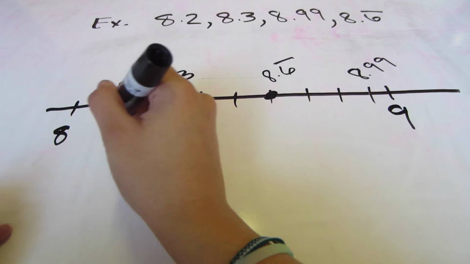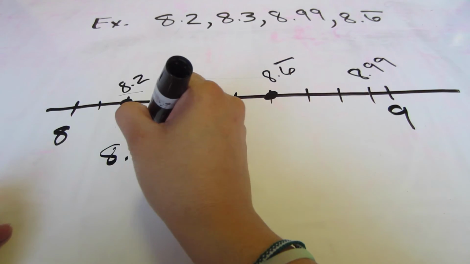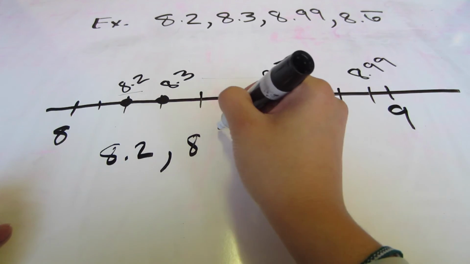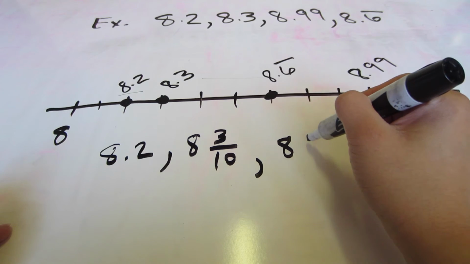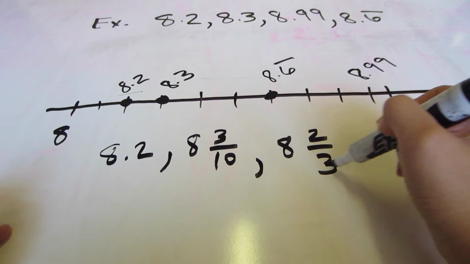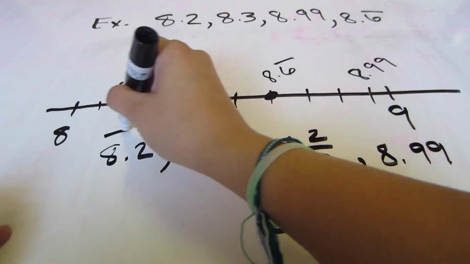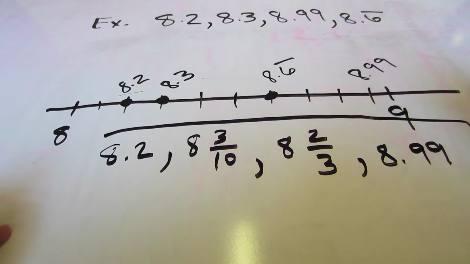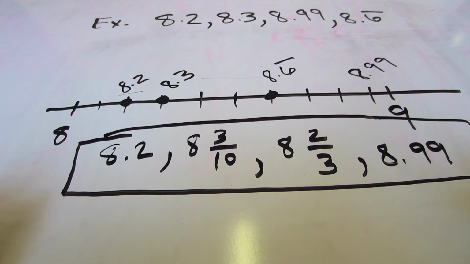And we can rewrite that if we want to, back into the original forms. 8.2, and it's going to be 8 3/10, 8 2/3, and 8.9. That's our final answer.